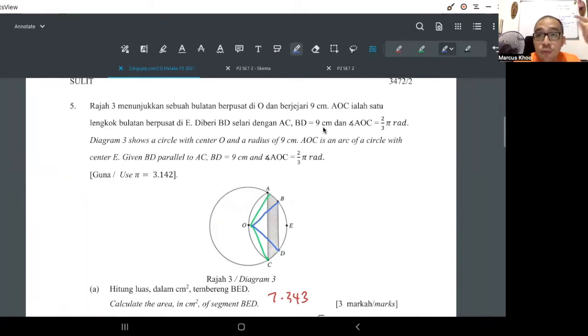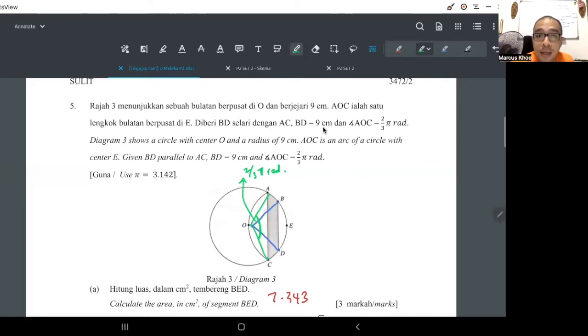What is interesting here is that they give you the diagram without the straight line. But whenever we use angles, it's actually the angle between 2 straight lines, not this curve. A curve has no angle. So what it is saying here is that this green color angle, the whole thing here, is 2/3 pi radian.